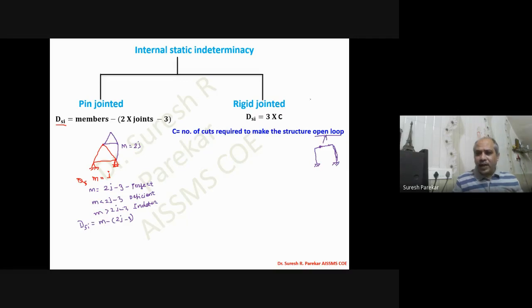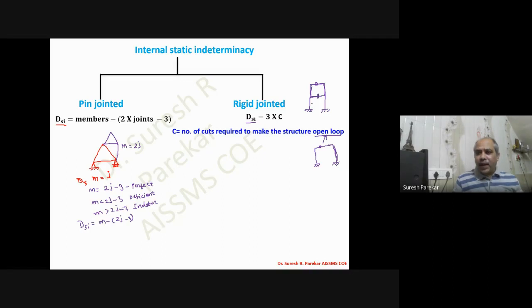If I need not retrace the path, if I need not walk on the same path, then I will say it is a closed loop. Now if I consider this point and start to move, then to come to the same point we need not retrace, so this is a closed loop. Then to determine DSI, you should have the structure as an open loop, so I have to provide one cut.